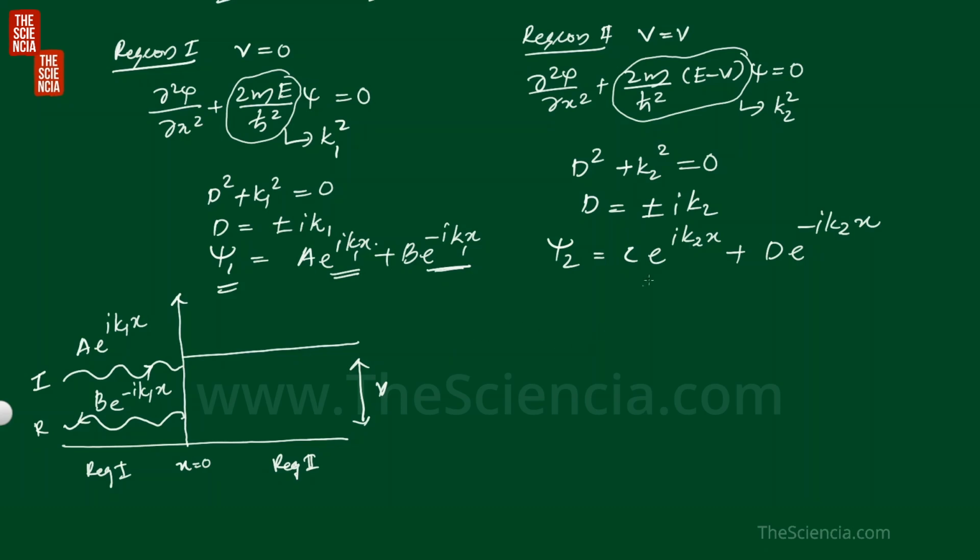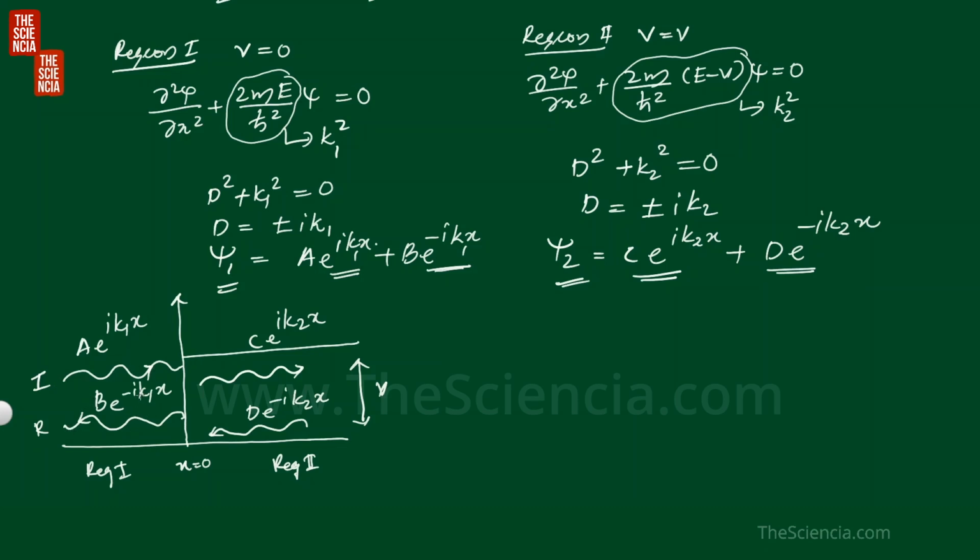Now, in region 2, this is the wave function. Here also one wave is in the forward x direction, C e^(ik2x), and another wave is traveling in the negative x direction, D e^(-ik2x). In region 1, one wave is the incident wave and one is the reflected wave.